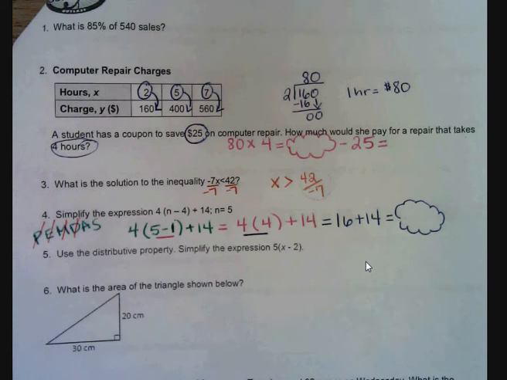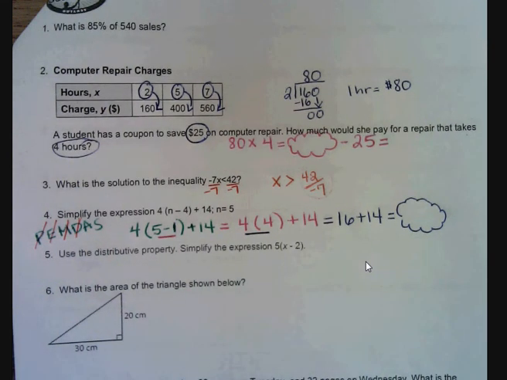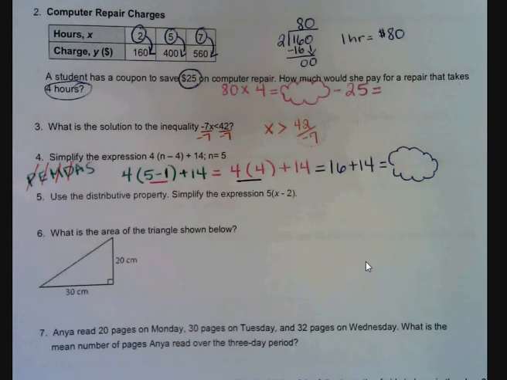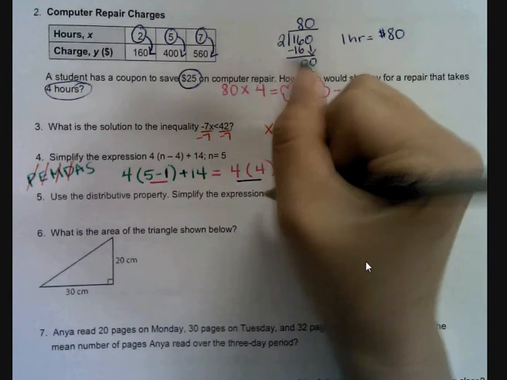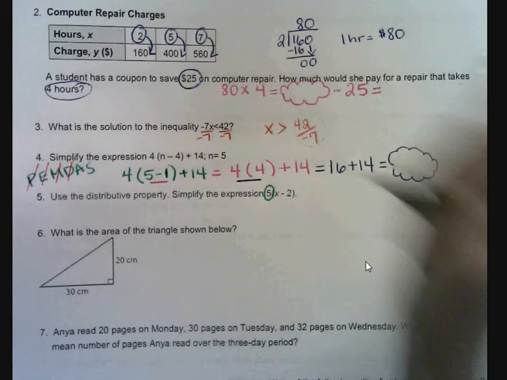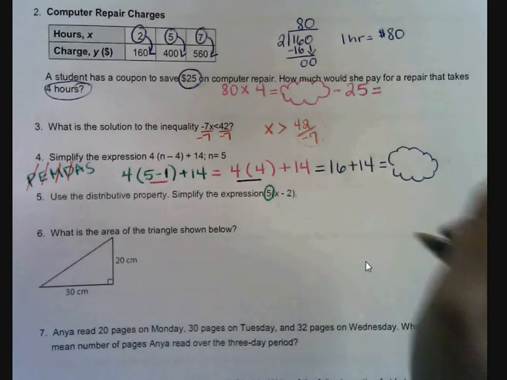All right, number 5, it says use distributive property. Simplify the expression. Again, distributive property. We have to distribute to all. Again, remember Halloween? When you go trick-or-treating, you knock on the door, the person distributes candies to all the trick-or-treaters, not just one, to all. So, let's take this 5, and we're going to distribute it to the x and to the 2.